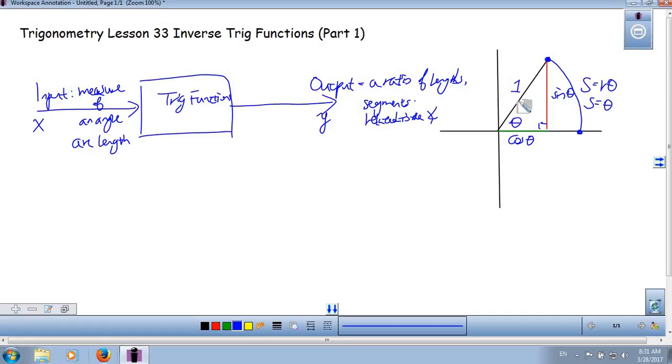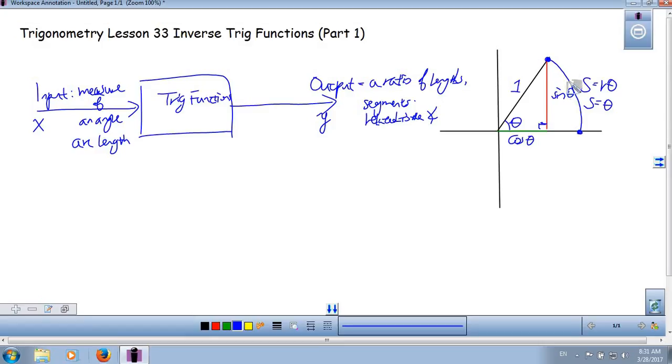So the input theta can be considered either as an angle or as an arc length. So if we have this arc length in radians, say 1 pi, what would this segment, the sine of theta, be related to this arc length? That's very useful information for mathematicians, engineers, architects, and people who construct throughout history.